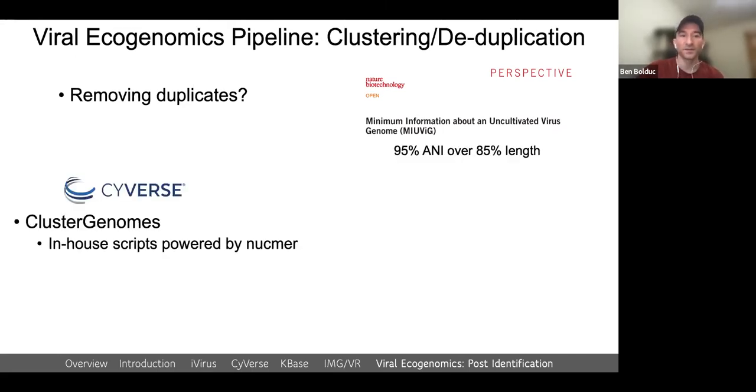So on iVirus, if you want to remove duplicates, I've written an in-house script that the Sullivan Lab's been using and put it on iVirus called cluster genomes. You can do this locally too. I'm not stopping you if you want to run your analyses on iVirus or KBase, download the data, do something on your local HPC, and then upload it back to do later analyses.